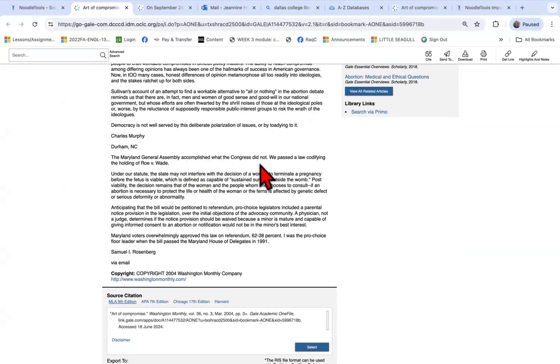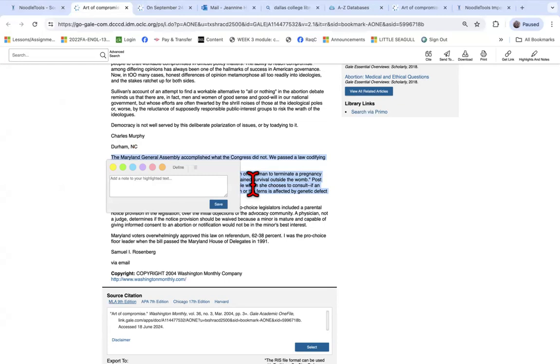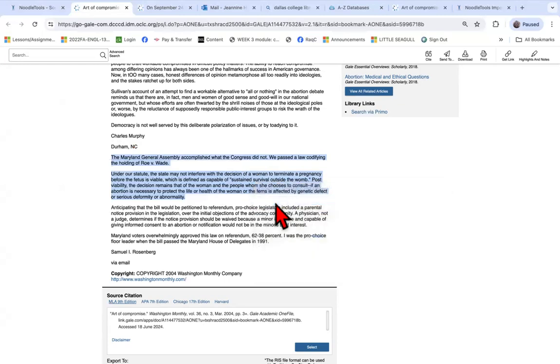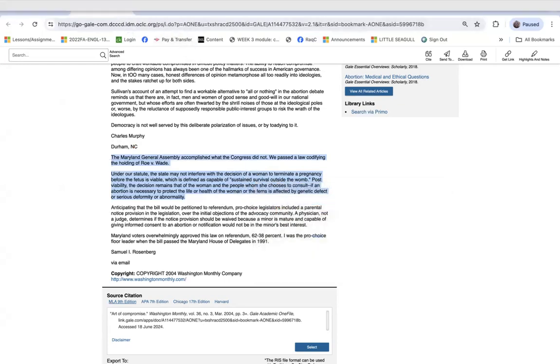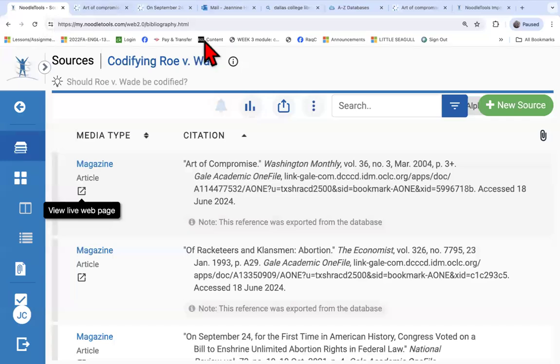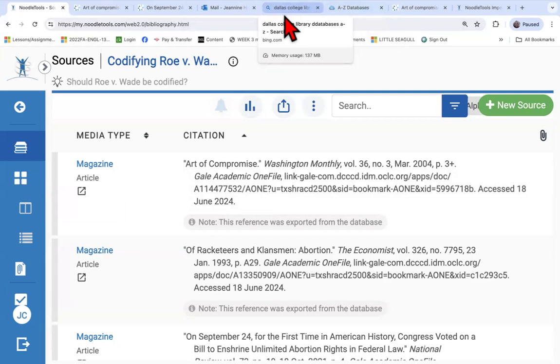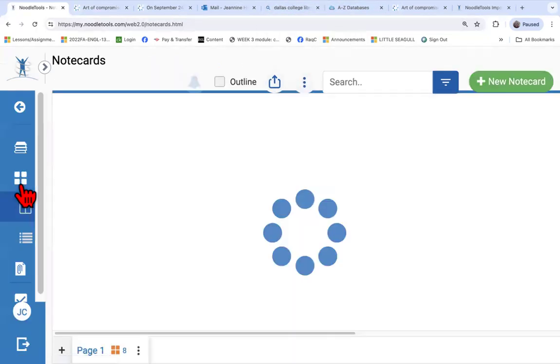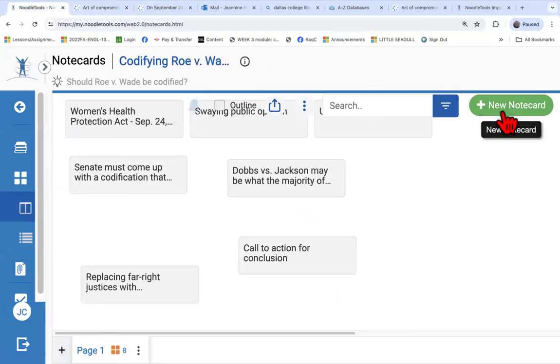In Maryland, they passed a law codifying Roe v. Wade. Okay, so I want to take this one and I'm going to copy, and I'm going to go back to NoodleTools. I'm going to make a new note card.